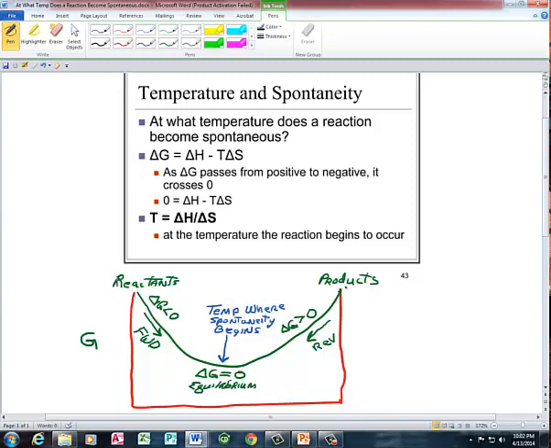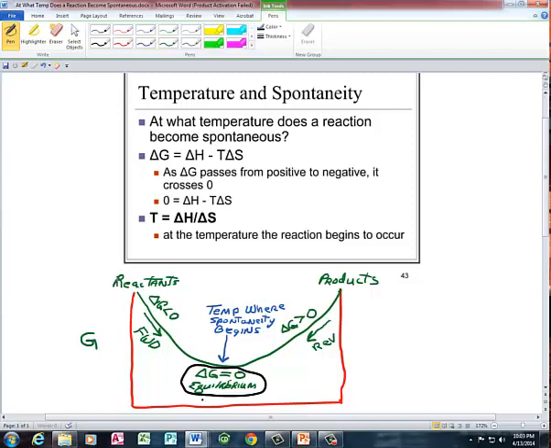We have products over here on the right indicating that if the reaction is moving in the reverse direction, it's moving from products to reactants. In the middle, at the minimum amount of energy, we have delta G, and delta G at the minimum amount of energy, which is delta G equals 0, is at equilibrium.